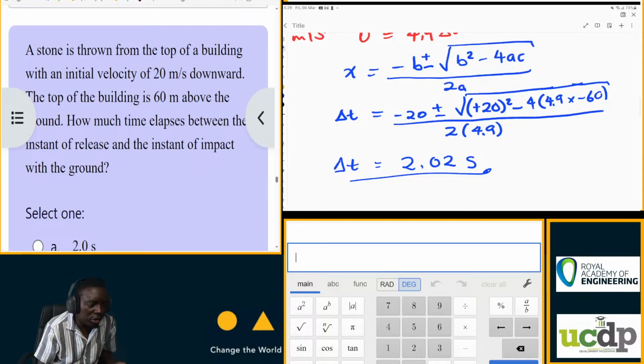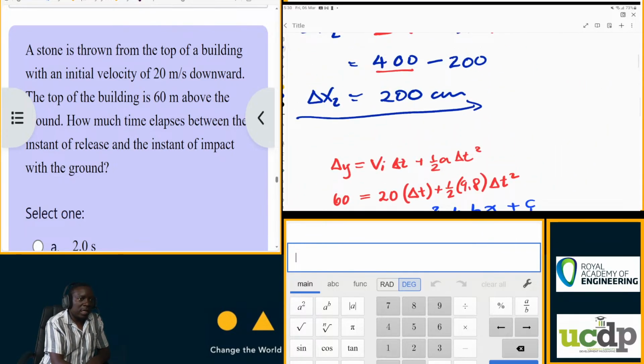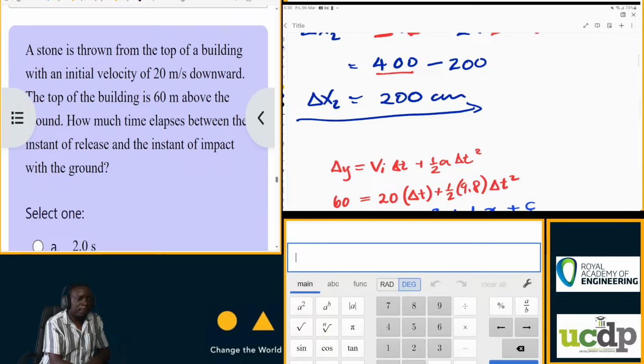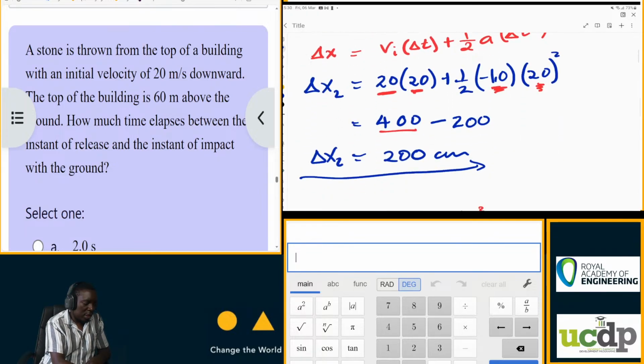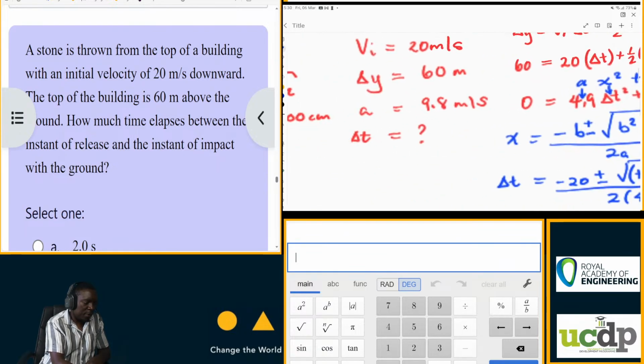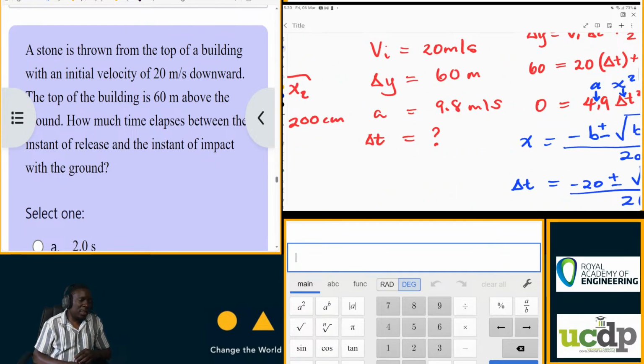There are two ways in which you can work it out, besides this. Considering you have all the given parameters that we put together, you could otherwise find your final velocity, then use the final velocity to get the time.